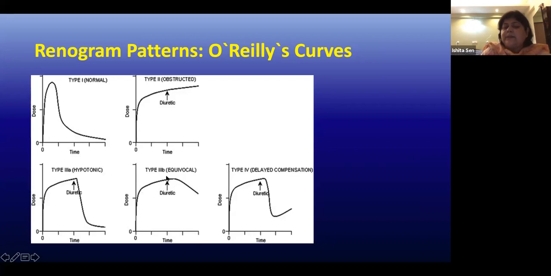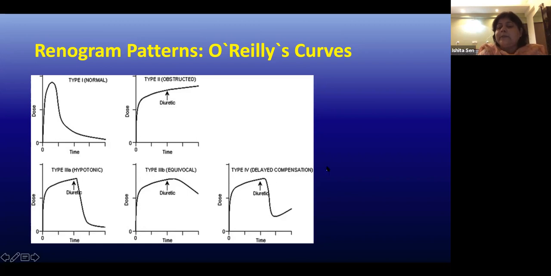So the renal parenchymal transit is a little prolonged. There is a delayed arrival of tracer into the pelvis, and the response to the diuretic is also blunted.